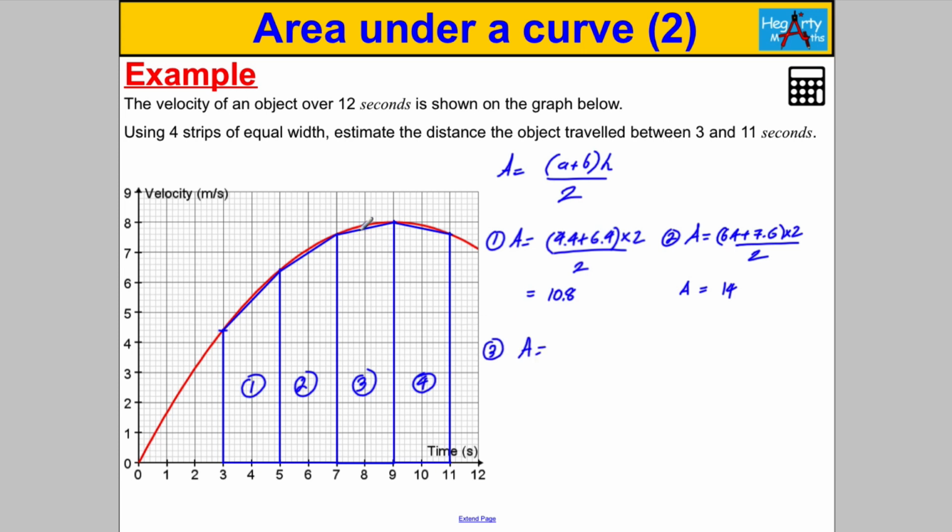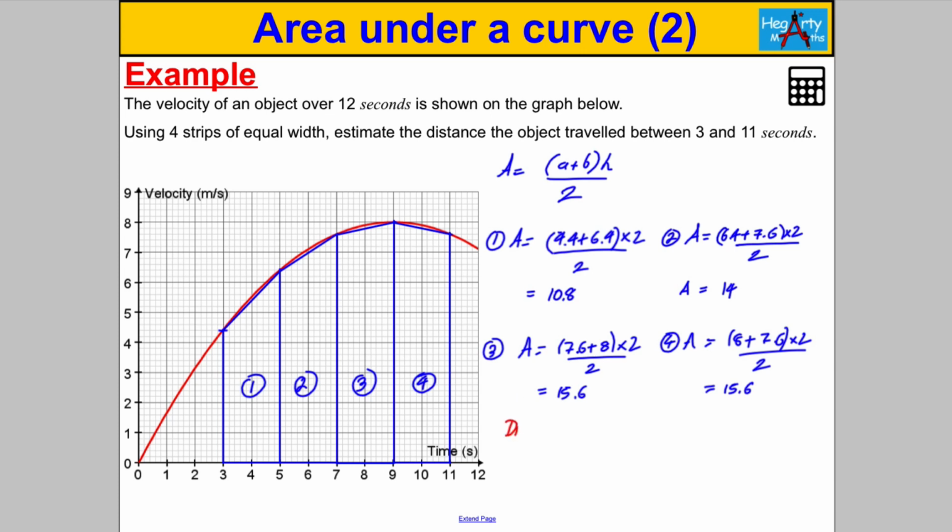The area for 3, remember that's 7.6 add 8 times 2 divided by 2, and we get ourselves 15.6 here. And for the last one, for our area here, our A is 8, we're adding to it 7.6, we're multiplying by 2 and we're dividing by 2, and that again is going to be 15.6.